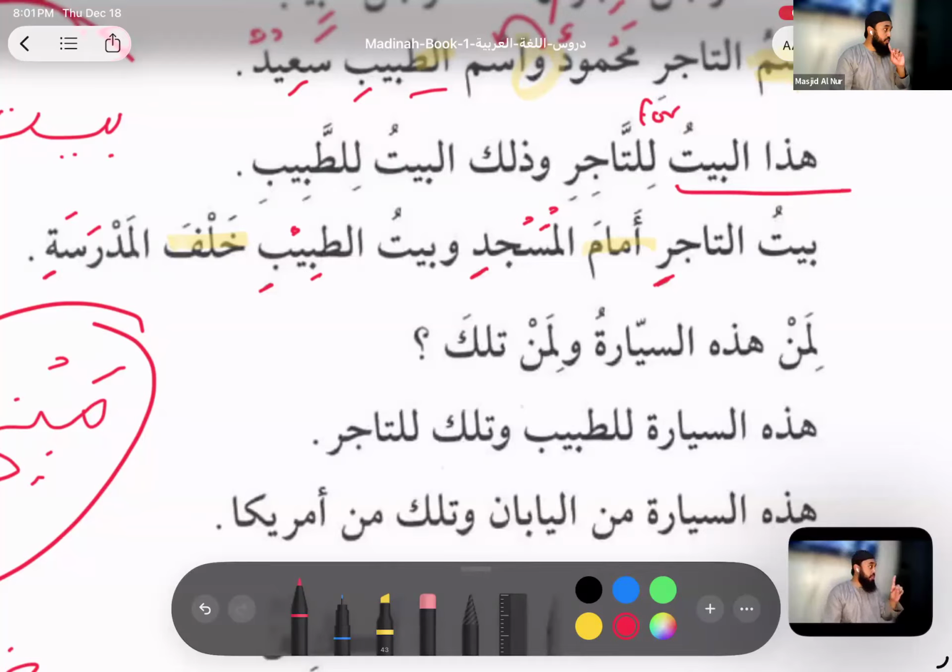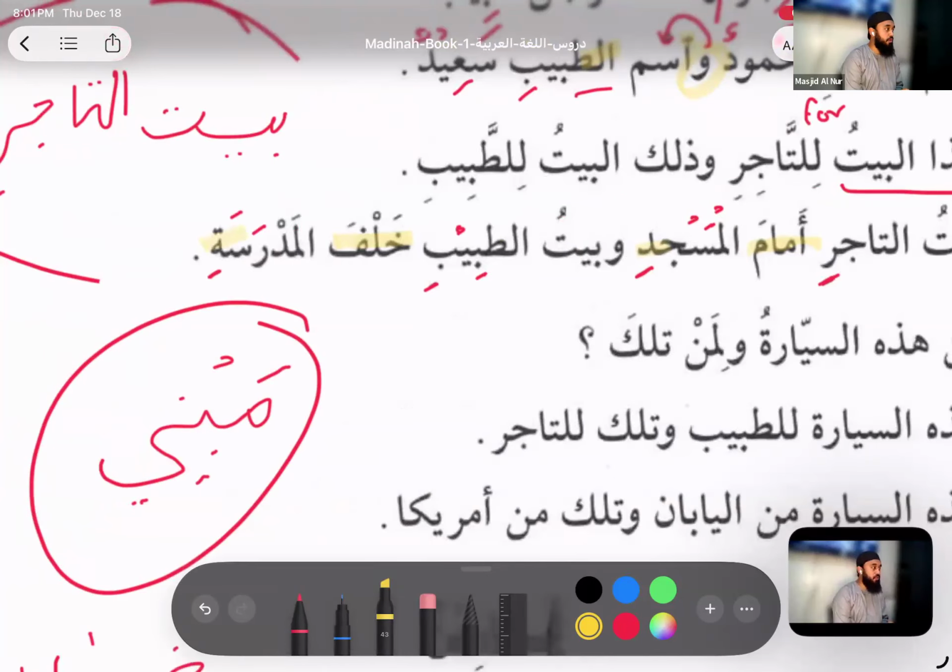So something new, guys. These two words, what are they doing to the word right after it? Something to observe and look carefully. What are these 2 new words doing to the words after them? They're giving a kasra. So we learned something new now. These 2 words fall in the same category as those words we learned 2 lessons ago, under and over.